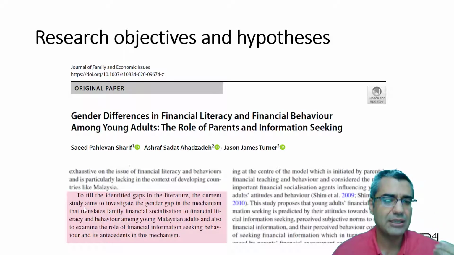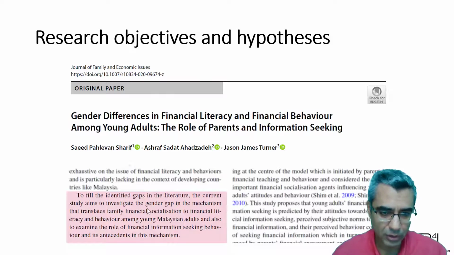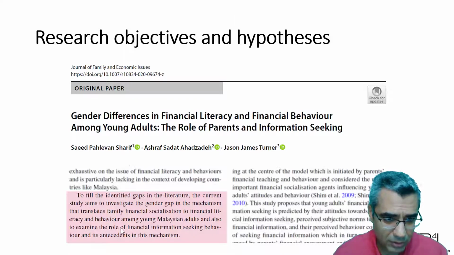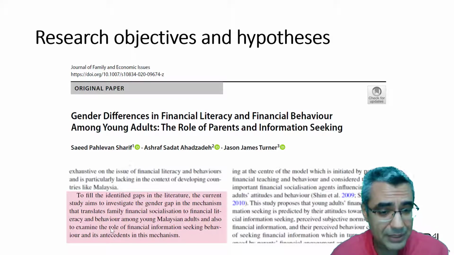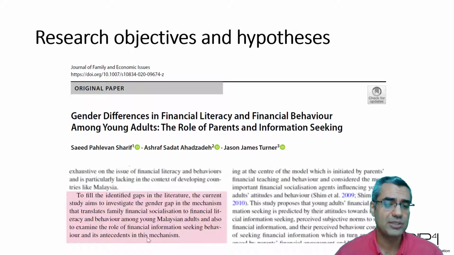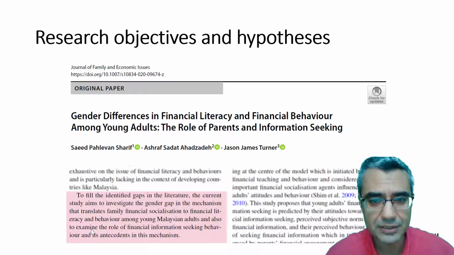So this study aims to investigate the gender gap in the mechanism that translates family socialization, and also to examine the role of financial information seeking behavior. So there are two objectives here, and both of them start with to, and the verb: to investigate, and here to examine. It should be like this.